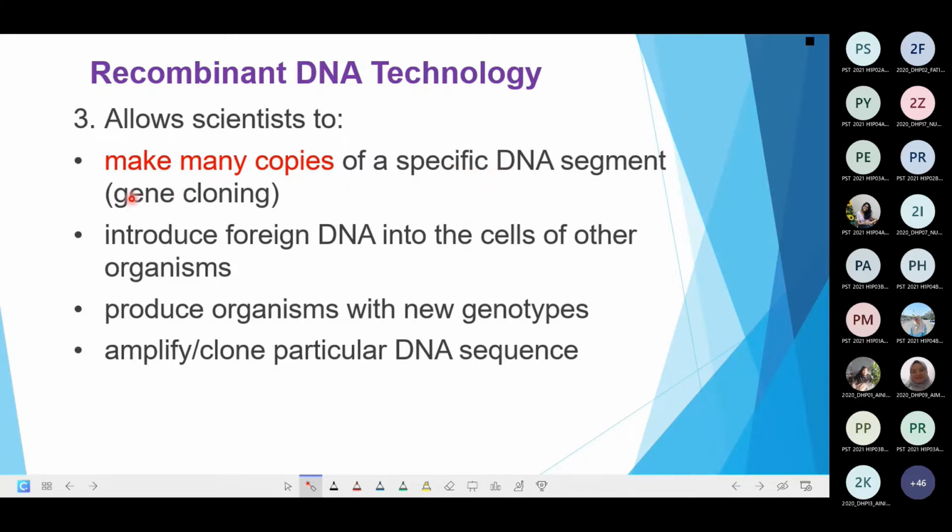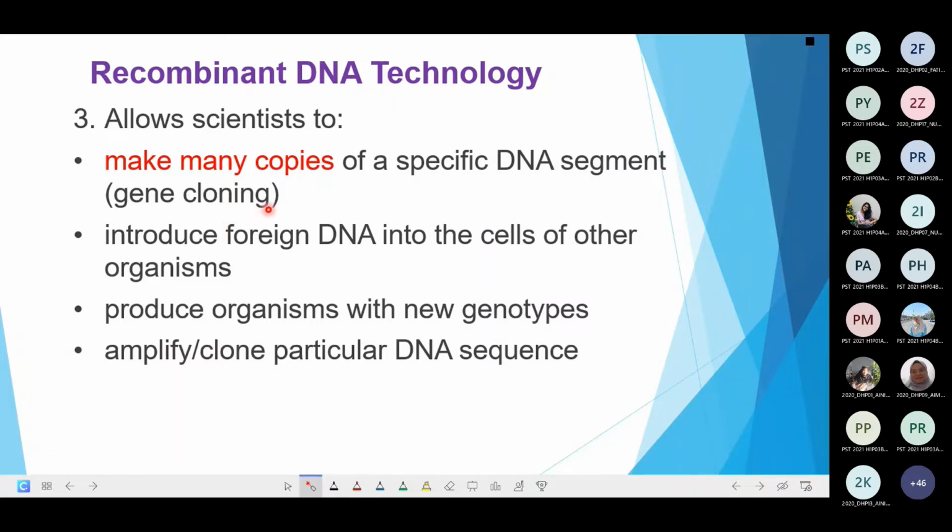In other words, when we say that we are making many copies, we are actually cloning the DNA segment. So one of the important things related to this technology is gene cloning, about how we make many copies of a particular gene.